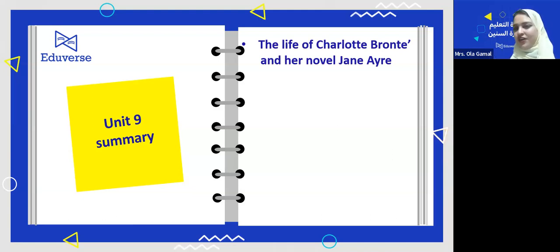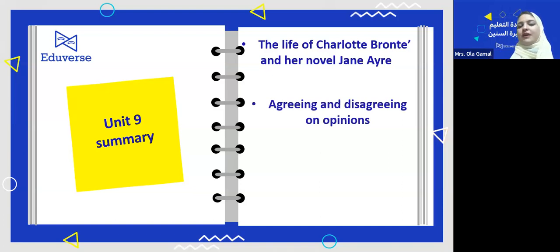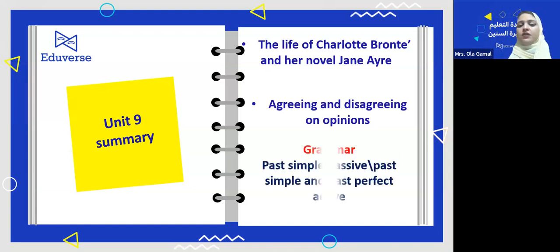Jane Eyre was an orphan girl, if you remember, and she went to a boarding school, and the manager of the school treated her badly, and she lived a very bad life. After that, her life changed when she left. Also, we learned about agreeing and disagreeing on opinions. How can we give our agreement, or how can we disagree and express our opinion?